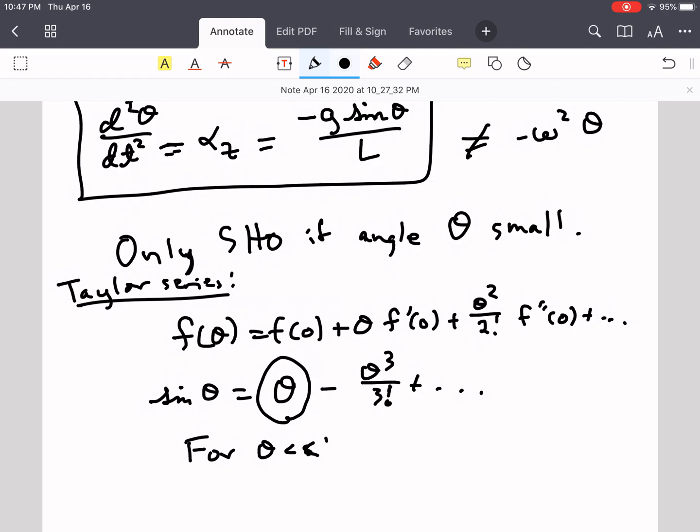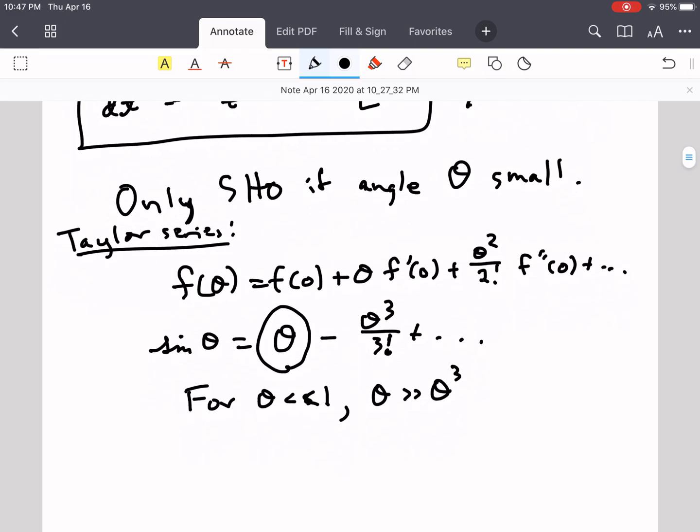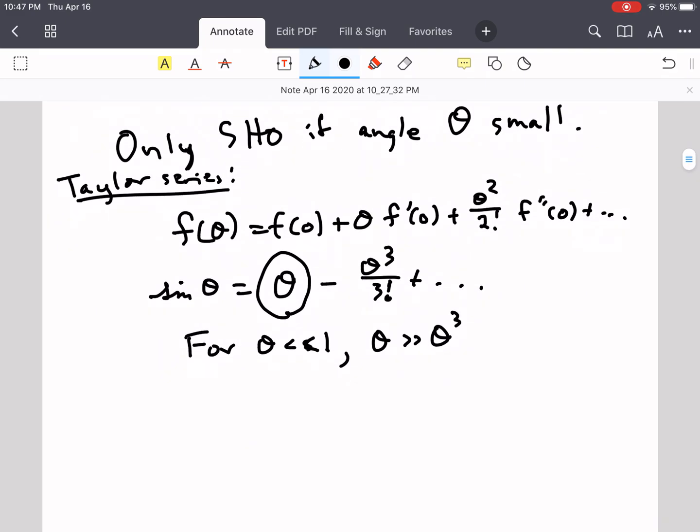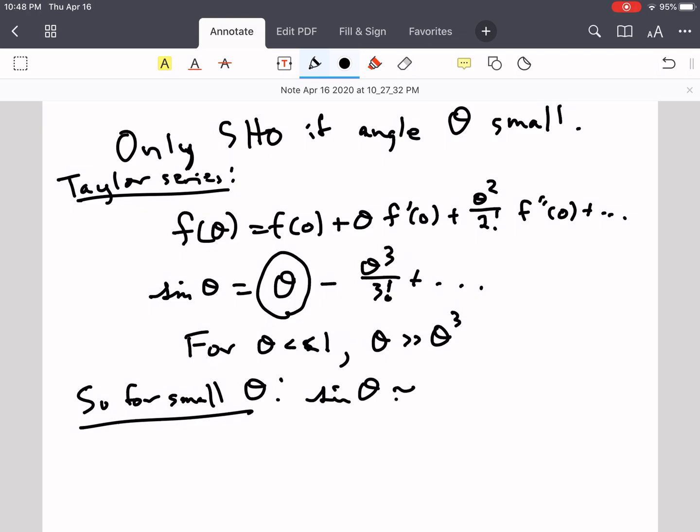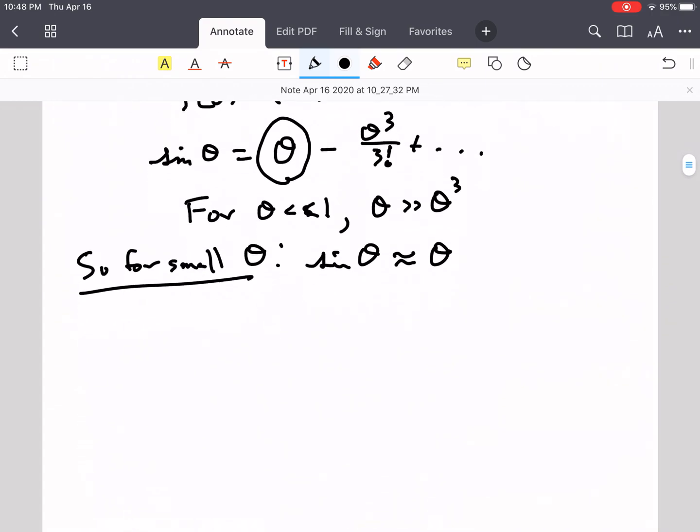So if theta is much less than 1, then theta is much greater than theta cubed. In other words, for small angles theta, sine theta is approximately equal to theta. So that's what we're going to actually use, this so-called small angle approximation.